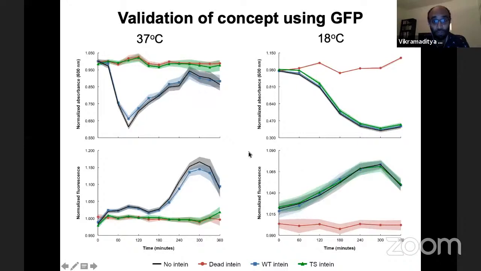But the ones you're paying attention to are the lower two curves, this plot over here. What you see is a flat green line, indicating no activity at 37 degrees Celsius. The moment you lower the temperature to 18 degrees Celsius, the intein splices out, and then you see this fluorescence. This compares very well to the wild type intein, which splices at all temperatures, so it is not discriminating based on temperature.